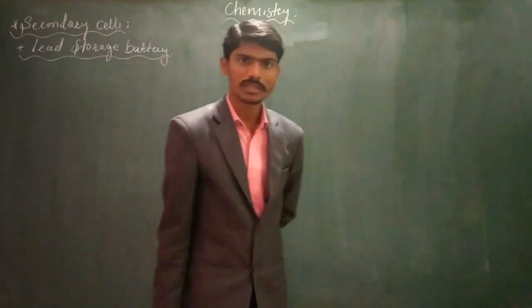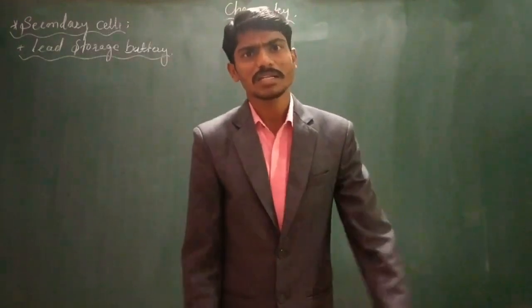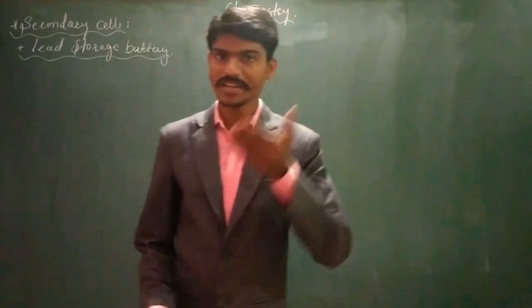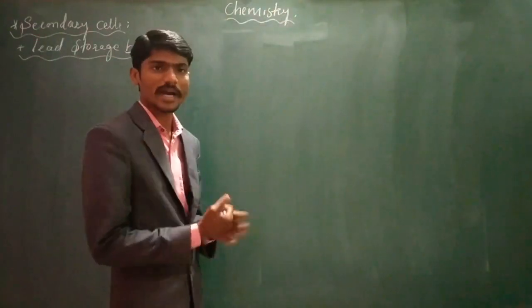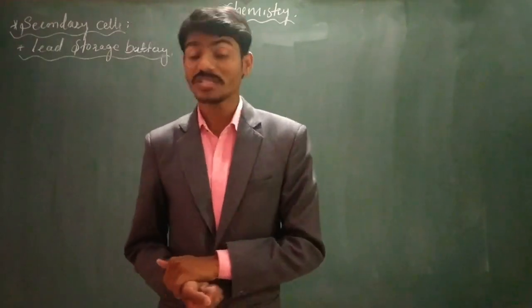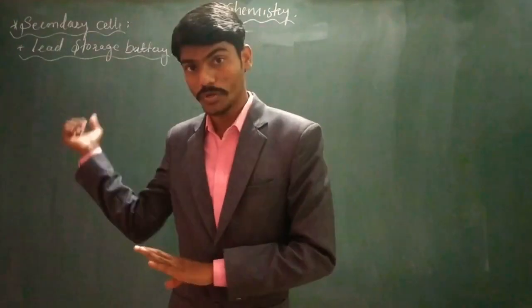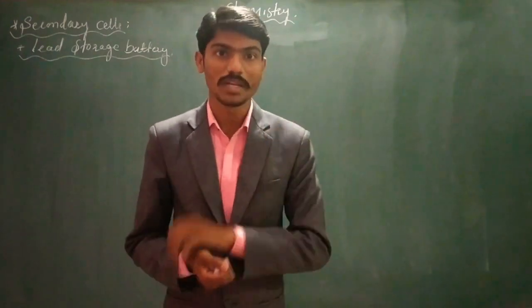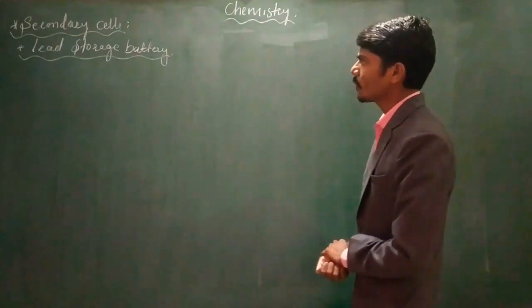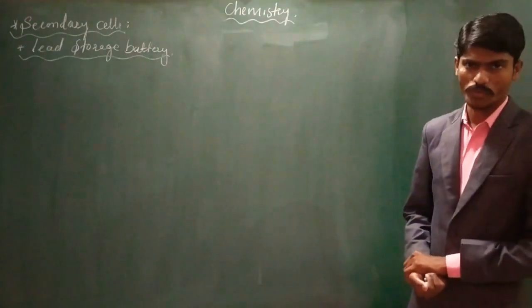As we know that ordinary cells are not rechargeable, whereas some of the cells can be recharged by using external current and it is used again and again. Such cells are called storage cells or accumulators. Lead storage battery is one among that. It is a very important one.